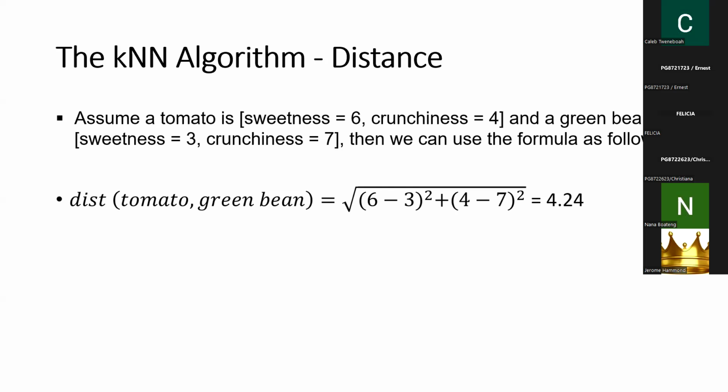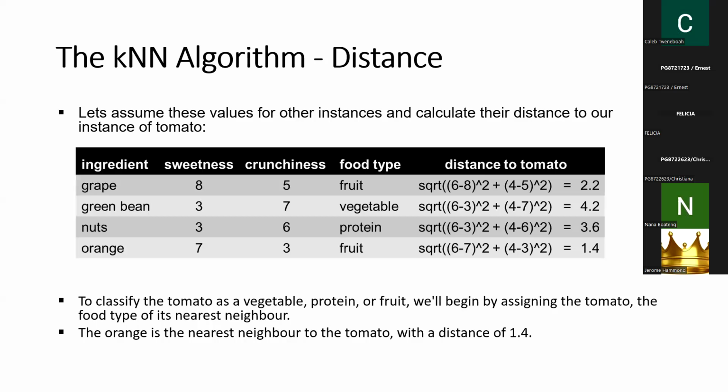That gives us the Euclidean distance. So this is just the green bean. Let's look at other items as well. Let's assume these values are for other instances as well. So we have ingredients, and we want to predict the kind of ingredients that we have in our test data. We have grape, green bean, nuts, orange.